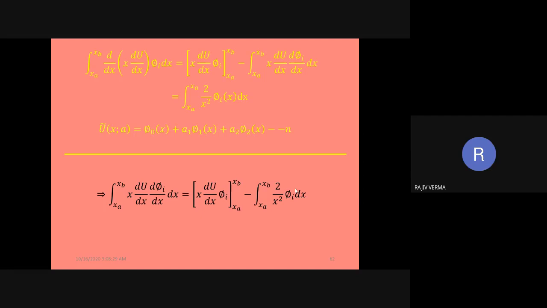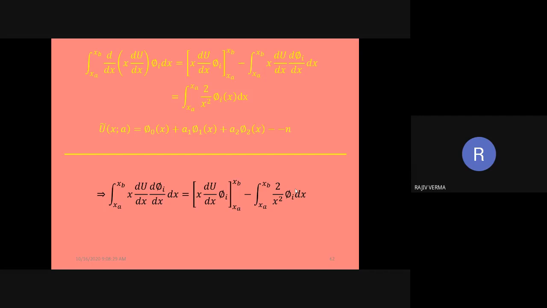So this is one value which we know. और इस equation में भी right hand side में x into du by dx की value xb पर हमें पता है, लेकिन xa पर हमें नहीं पता है. ठीक है, xb पर हमें पता है because we have assumed this particular value as a known value. लेकिन this particular term x into du by dx xa पर हमें नहीं पता है.